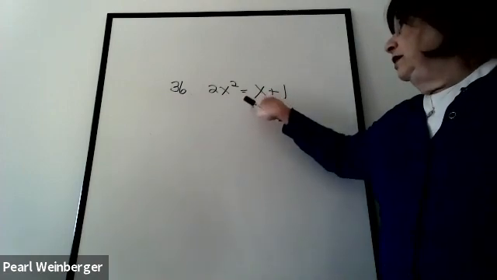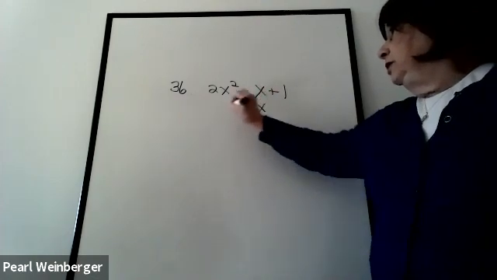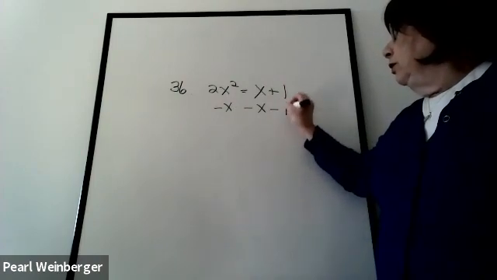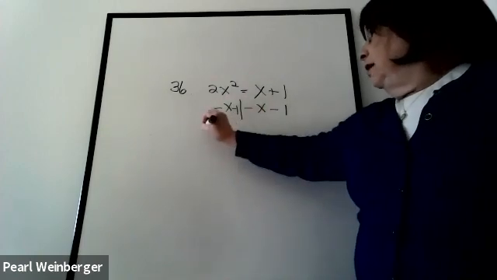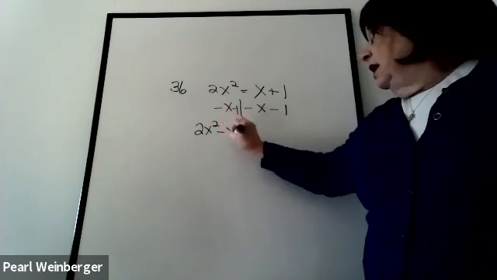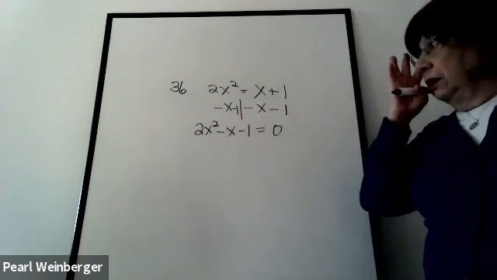So I'm going to subtract x from both sides. And I also want to get rid of this 1, so I'm going to subtract 1 from both sides. So that I'll be left with 2x squared minus x minus 1 equaling 0.